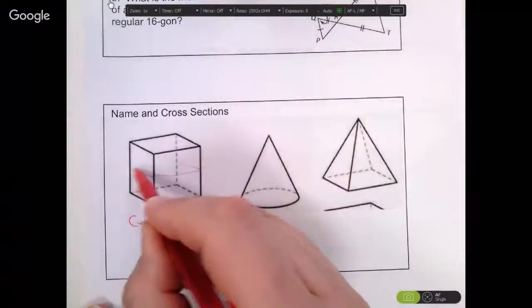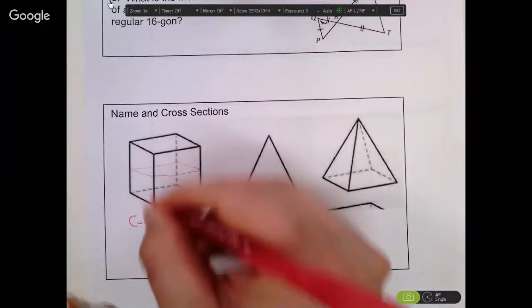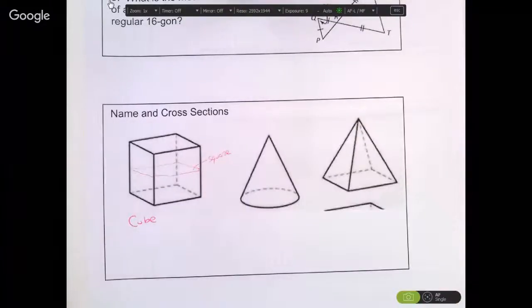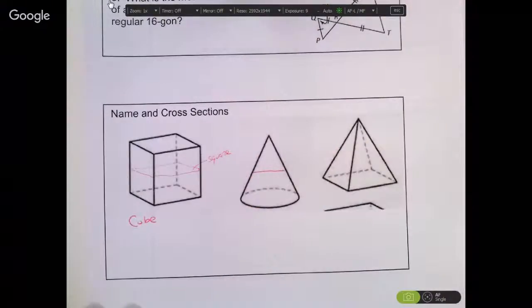if I cut it right there, then that shape that I just drew is a what? It's a square. Yes, it is a square. If I go to this next one and I cut this one right here, if it's parallel, guys, please stop talking, please. If it is parallel to its base, it's going to be the same thing as its base.